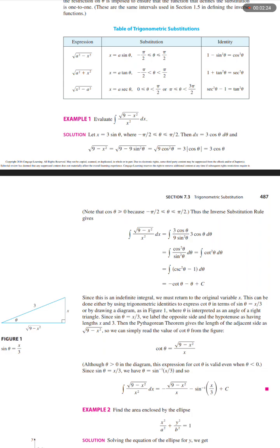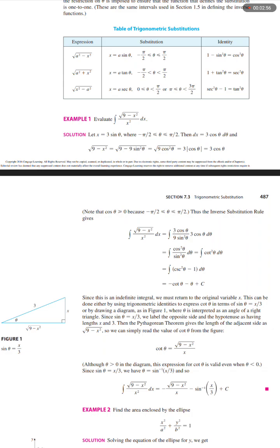Since this is an indefinite integral, we must return to the original variable x. This can be done either by using trigonometric identities to express cotangent theta in terms of sine theta equals x over 3, or by drawing a diagram, as in Figure 1, where theta is interpreted as an angle of a right triangle.